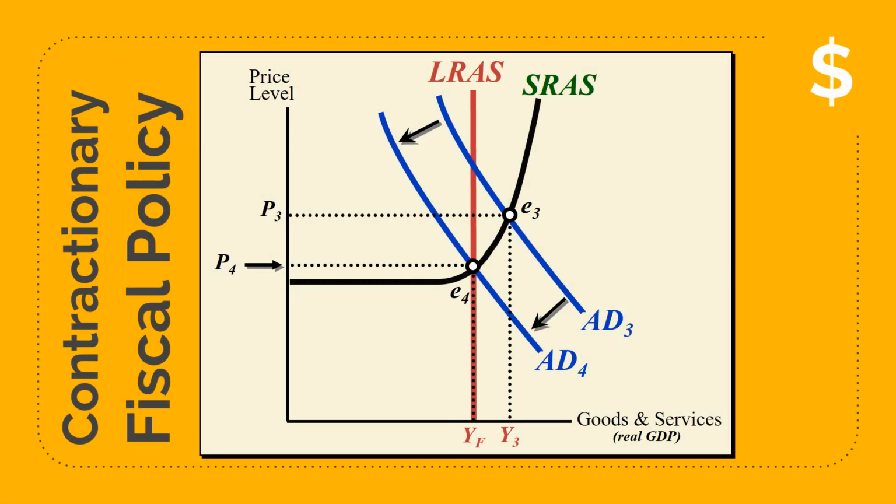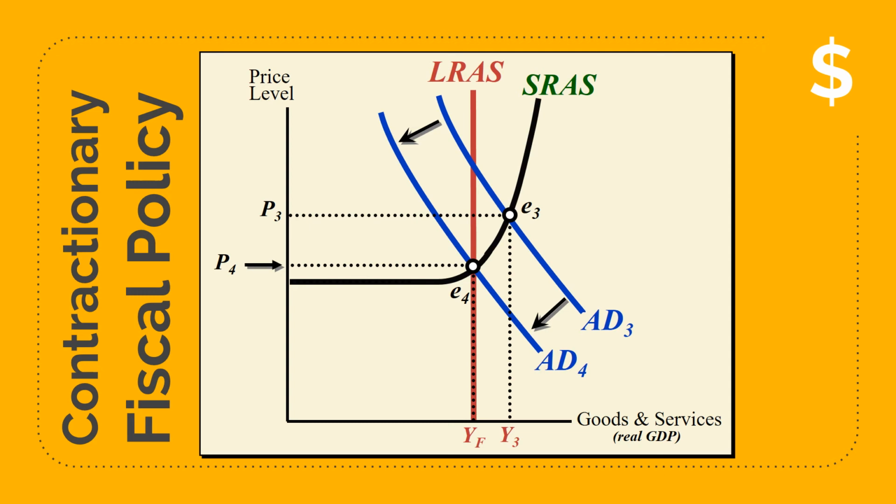We also want to talk about the language that we're using here. In the previous example, we used expansionary fiscal policy. We expanded aggregate demand out. Here we have restrictive fiscal policy or contractionary fiscal policy. Restrictive fiscal policy moves aggregate demand back in. It restricts aggregate demand.